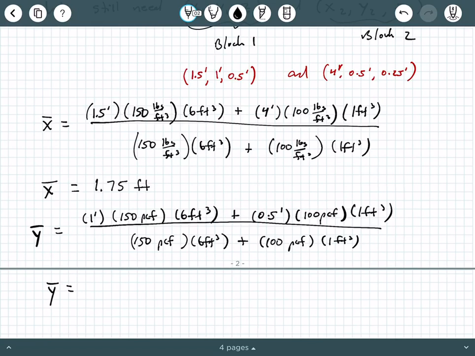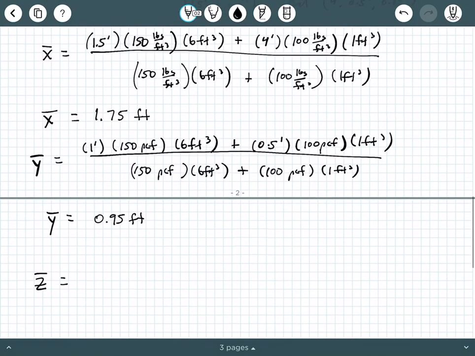So let's do a little bit of rearranging and see what we get. 150 times 6 plus 0.5 times 100, and then divide by 150 times 6 plus 100. So I get 0.95 feet.